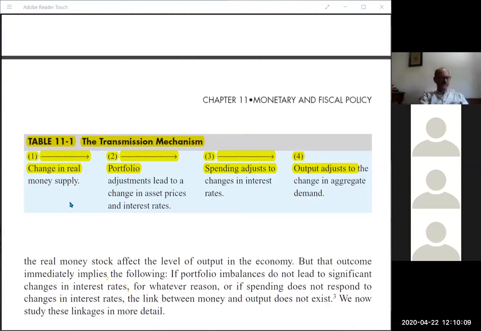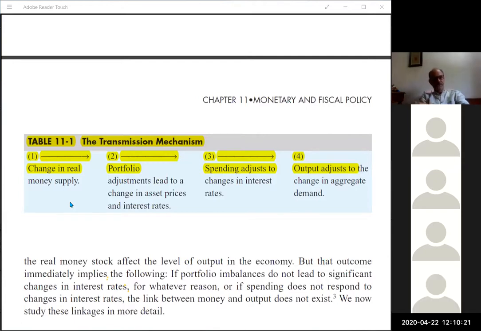The central bank does not change the prices. It can change the nominal money supply, the actual money supply. That increases, but given that the price level does not change immediately, the real money supply increases. This increase in real money supply leads to a change in the asset prices and the interest rate.